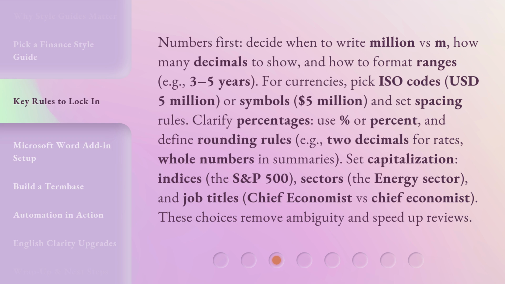Use percent or the percent sign, and define rounding rules, e.g., 2 decimals for rates, whole numbers in summaries. Set capitalization: indices, the S&P 500; sectors, the energy sector; and job titles, Chief Economist versus chief economist. These choices remove ambiguity and speed up reviews.